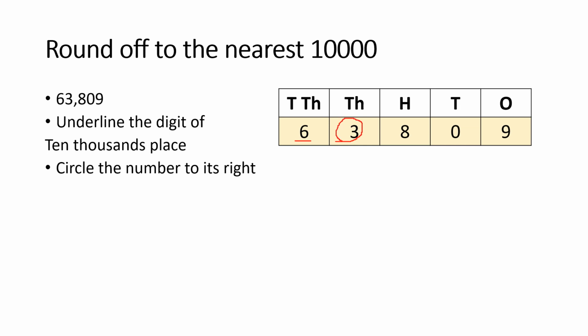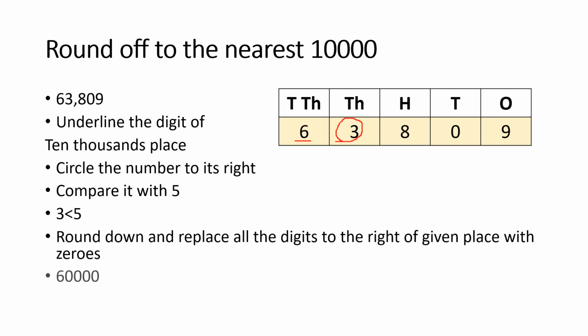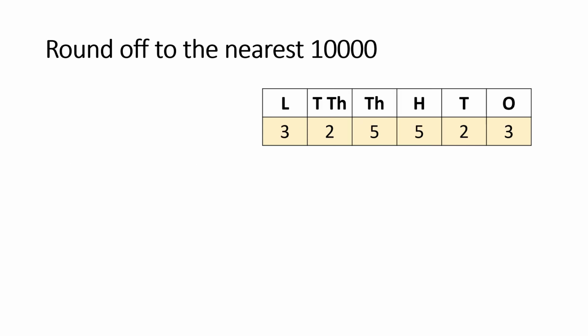We have to compare this 3 with 5, and we know that 3 is less than 5. That's why it is the condition of round down. Round down means 6 will be 6 only and the rest of the digits will be 0. That's why it is 60,000.